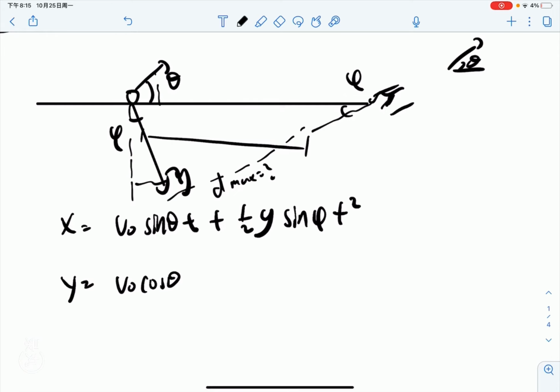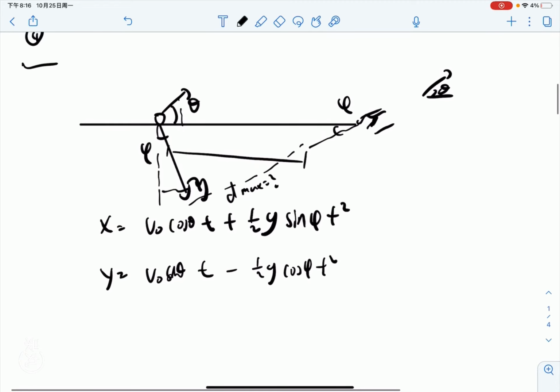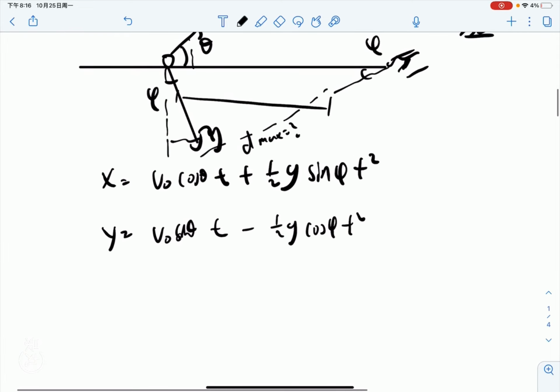Oh my god, I'm messing up what I'm doing. And basically you have, and this one's minus g, and this one's cosine t squared. And now let me see.